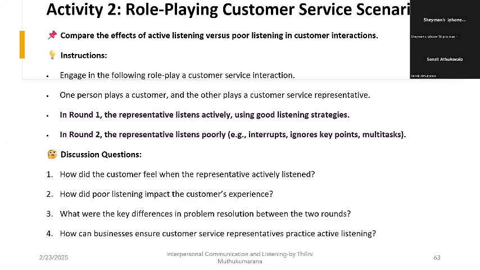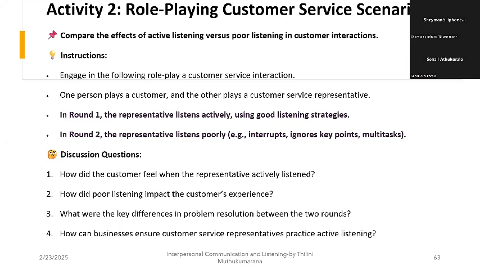The first time, when they are conversing with each other, we see the representative listens actively using good listening strategies. And the second time, when you practice it, the representative listens poorly, right? Okay, so these are the four questions. How did the customer feel when the representative actively listened?